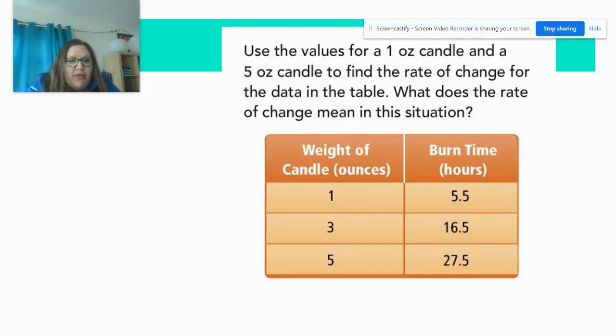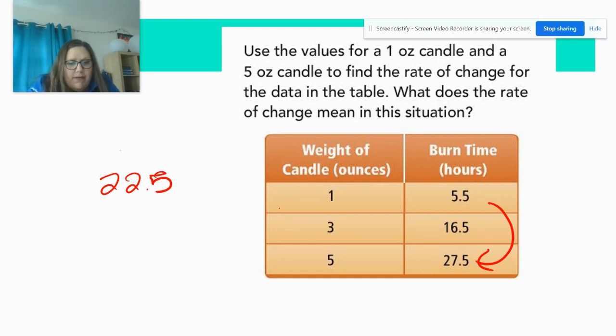Okay. Use the values for 1 ounce of candle and 5 ounces of candle to find the rate of change. So from 5.5 to 27.5 is going to be a change of 22.